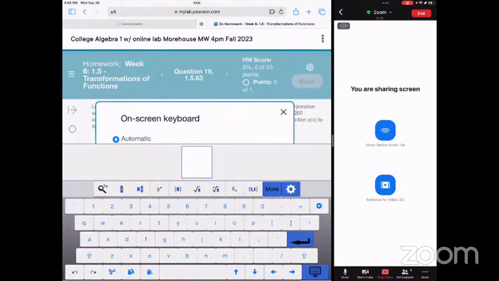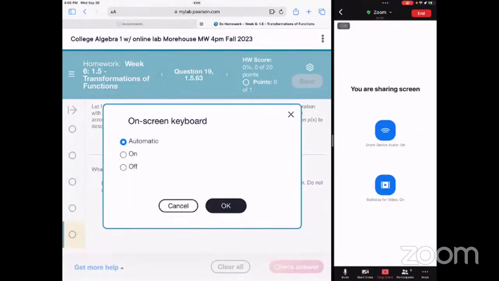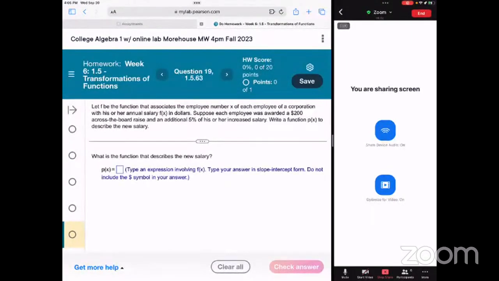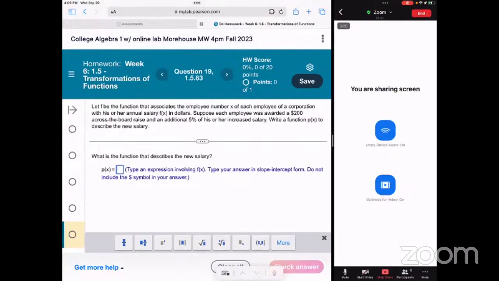So if their salary is F of X, and first they were given an across the board raise in their salary of $200, so we're going to say F of X plus $200, right? But then it says that there's an additional 5% of their increased salary.